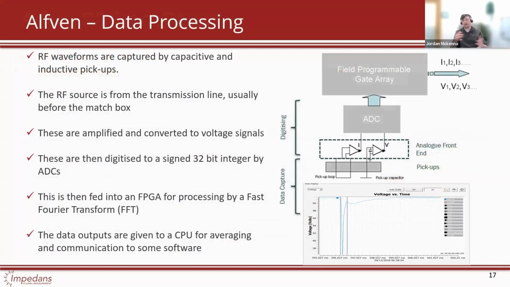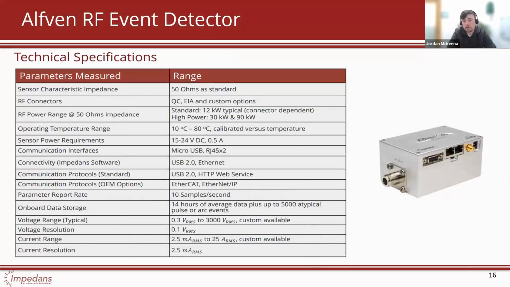So how does the Alpha actually work? Well, if we jump back here and have a quick look at it, the Alpha is typical to all our VI probes that go inline. The way this works is where the connector sits here, there's one on the other side, and connecting the two, there is an RF rod. Now, what we mentioned at the start is RF travels on the skin depth, or on the surface, and above this RF rod, we have what we call a pickup board.